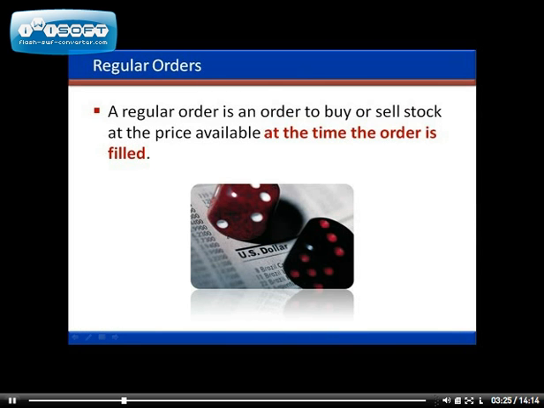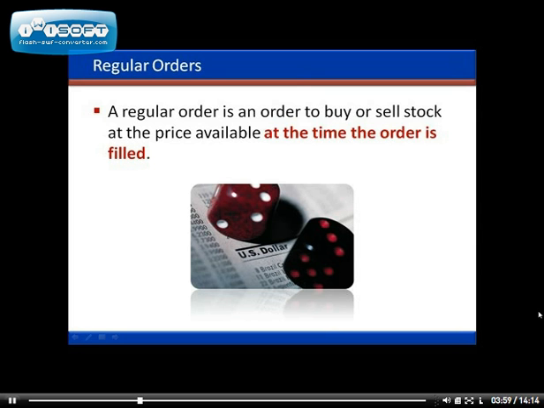So a regular order is an order to buy or sell stock at the price available at the time the order is filled. I have a brokerage account with ShareBuilder, and when I make orders for stock, unless I specify that I want it to be done in real time, they will place that order basically when they get to it.